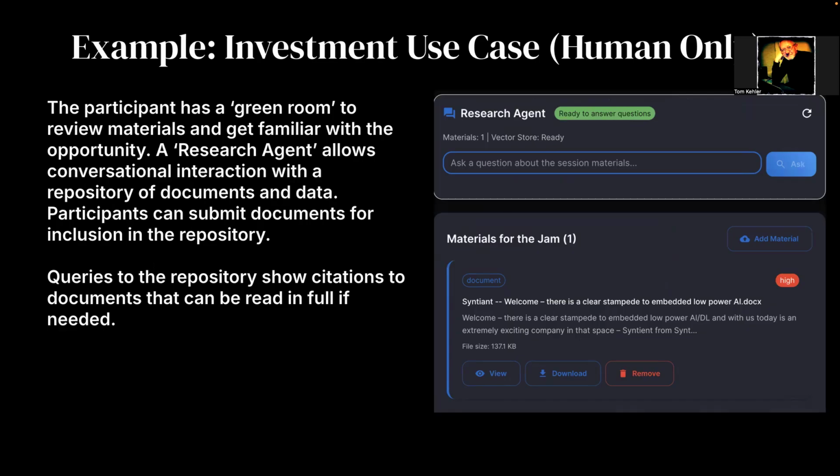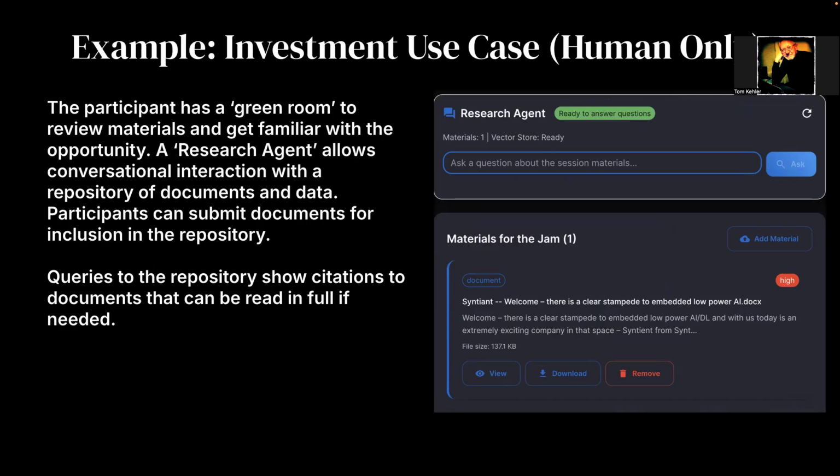Now, next, before the participant even engages, the participant is given an opportunity to get familiar with the materials on, in this case, a startup pitch deck, etc. And they can query this via what we call a research agent.